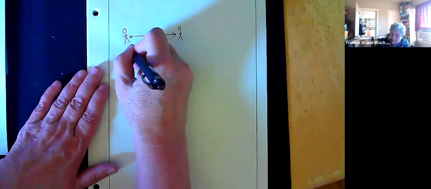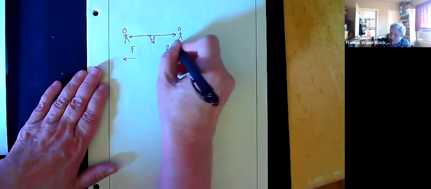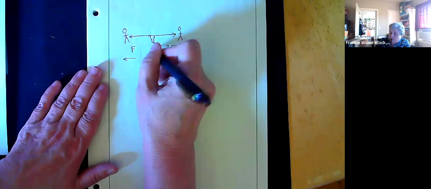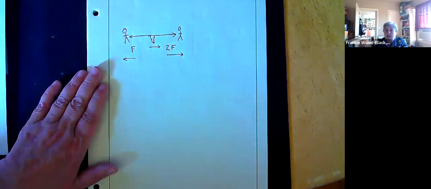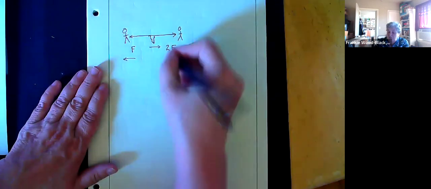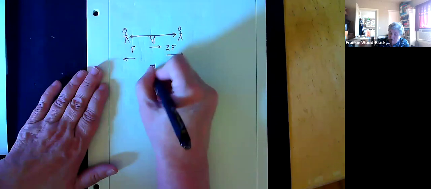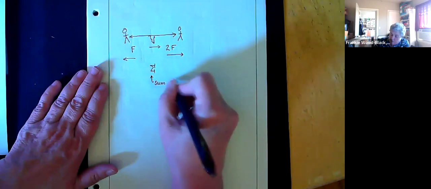If this person is applying a force in that direction and this person is applying twice the force in this direction, we know the flag is going to move in that direction. And we intuitively know that the flag is going to move in that direction based off of the sum, and that's what this means, the sum of my forces.